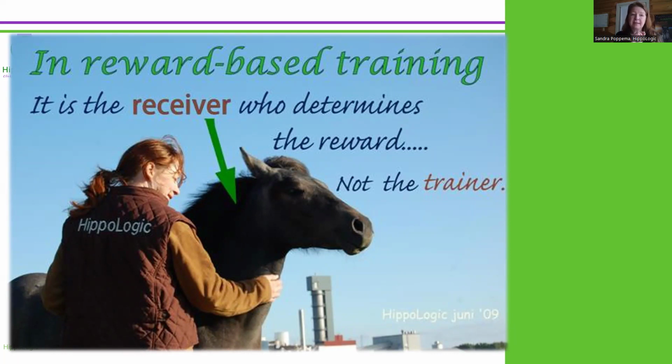But the thing is, this is something that I really want to emphasize. If people say, I'm stroking my horse, I'm giving him scratches, if he likes the scratches and you get more of that behavior, it was really appetitive and it was a real reinforcer.